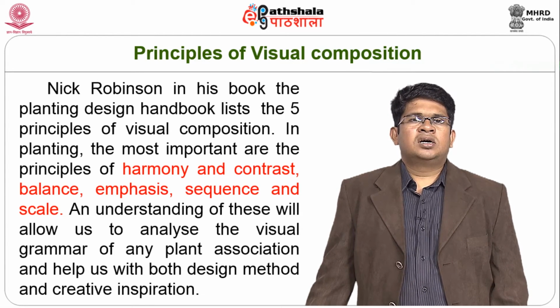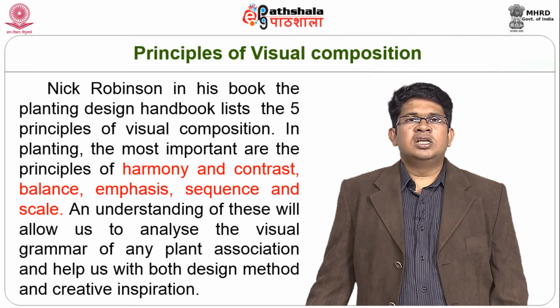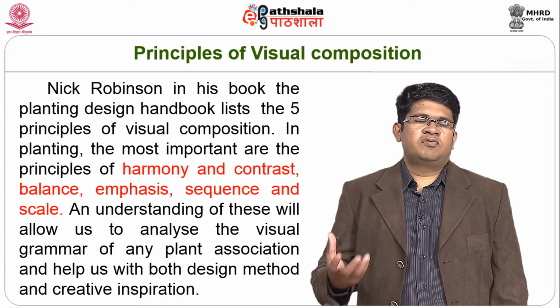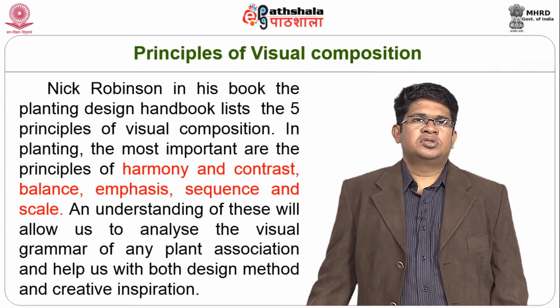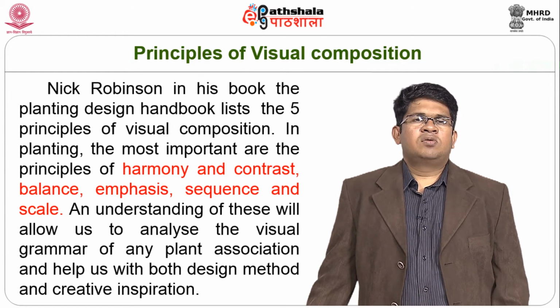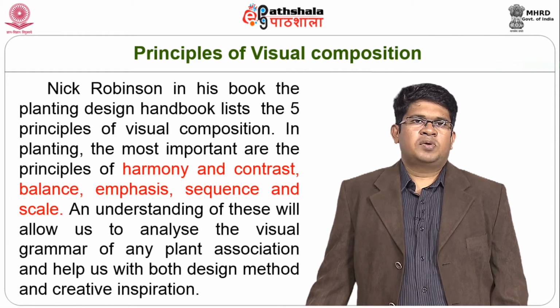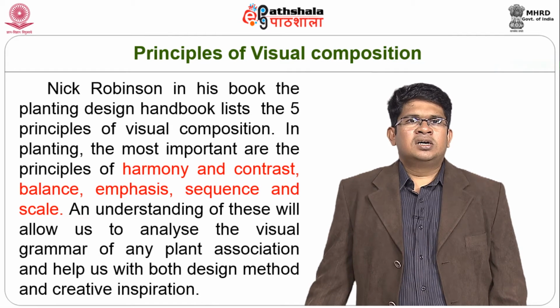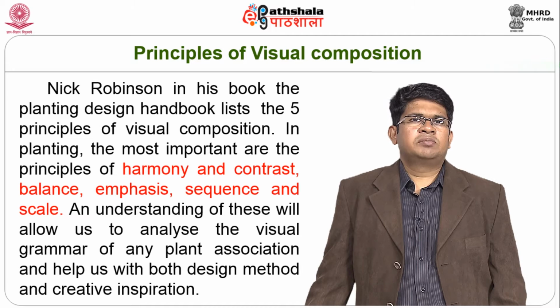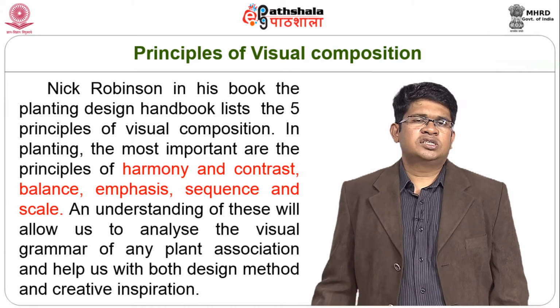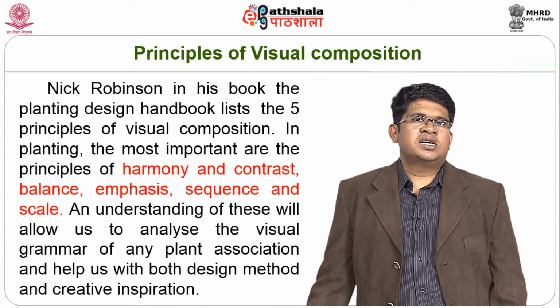So, how to give emphasis and how to arrange the different elements in the visual composition, and how do we look at scale as a part of the entire visual composition, and bring different types of visual landscapes, different kinds of expression of the designed landscape itself.